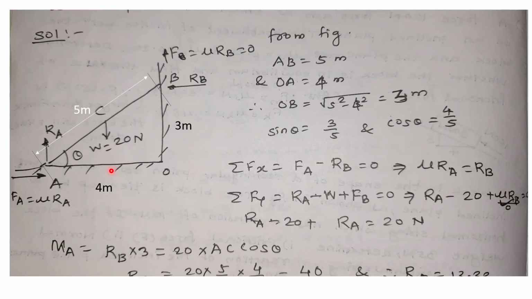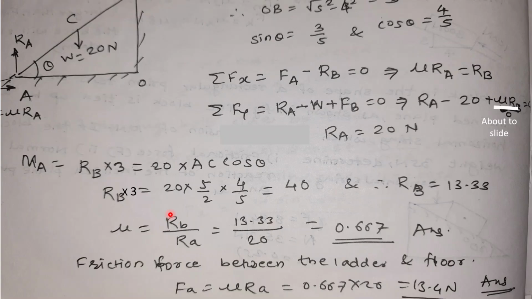You can see in the previous slide, this reaction Rb is horizontal, and the perpendicular distance is vertical. This is the perpendicular distance 3 meter from point A. So this will be the distance while taking the moment. Let us see how it is taken.